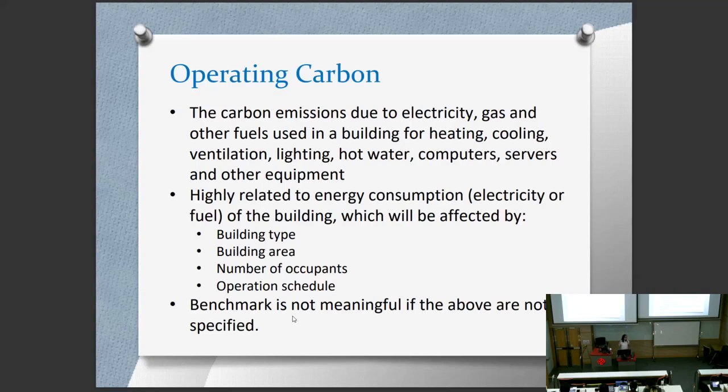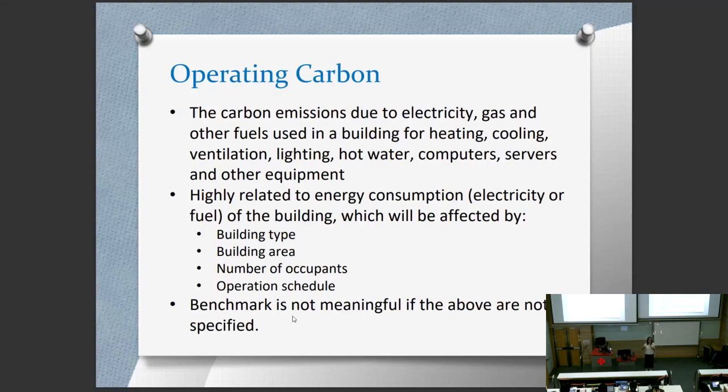In this lecture, we will look into some benchmark data from the UK and also Hong Kong. These benchmarks are for your reference, but you have to understand that they are based on some assumptions. Like I will tell you, maybe the benchmark for operating carbon for a building is around 200 or maybe 100 kg of carbon dioxide per square meter.